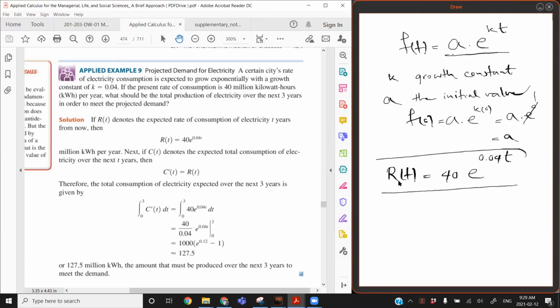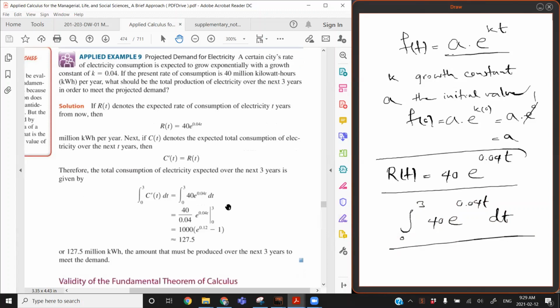In order to get the total production from time 0 until 3 years after, I will need to calculate the integral from 0 to 3 of the rate of change function dt. That would be the total amount of electricity needed to be produced within the first 3 years.